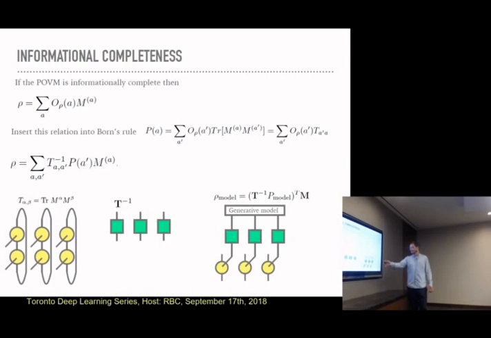So I design the measurements in this form, and then I do this linear inversion that allows me to write the density matrix in terms of the generative model and these matrices. Then we train this part only; the rest is fixed.